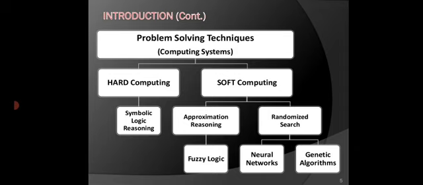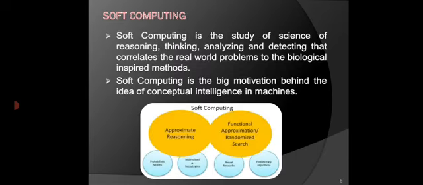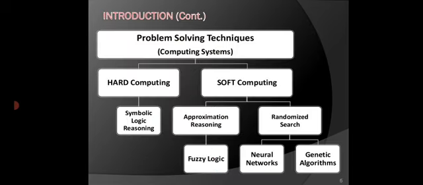The approximate reasoning method is fuzzy logic, while randomized search techniques are neural networks and genetic algorithms. So let's start with soft computing. These are the methods of problem solving, and slowly we will move forward to the soft computing techniques.